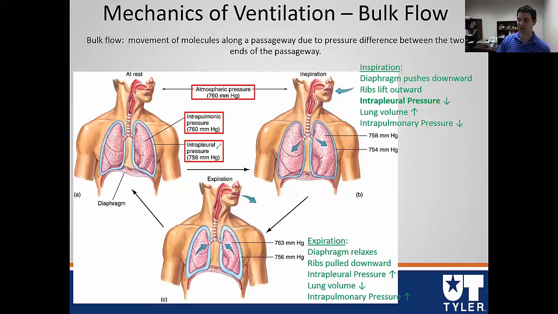pressure in the lungs. So during inspiration, as you saw in that video, the diaphragm muscle pushes down, which lifts the ribs outward, which decreases the intrapleural pressure. This intrapleural pressure goes from 756 to 754 millimeters of mercury, which then increases lung volume, and the increase in lung volume will ultimately drive the intrapulmonary pressure down from 760 to 758.